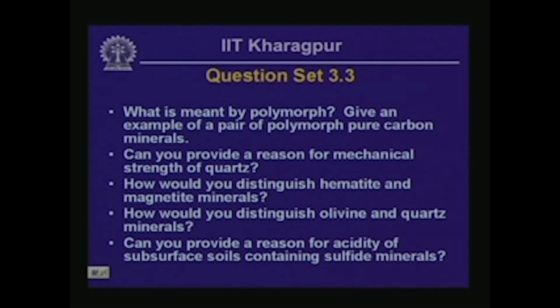The fourth question was, how would you distinguish between olivine and quartz minerals? Again, these two minerals are very similar in many of their characteristics. For example, the hardness of both olivine and quartz is very similar. One of the distinguishing characteristics emerges when you look at the unit crystals of olivine and quartz.